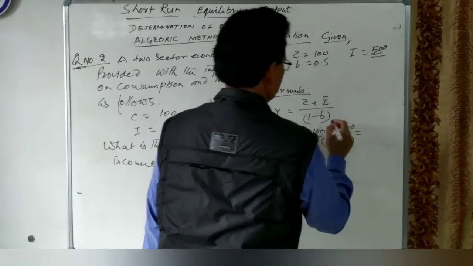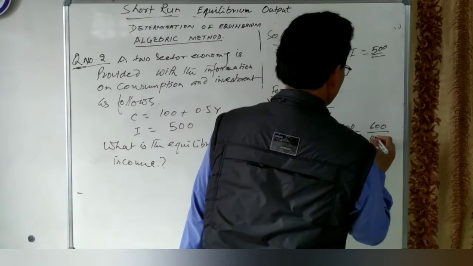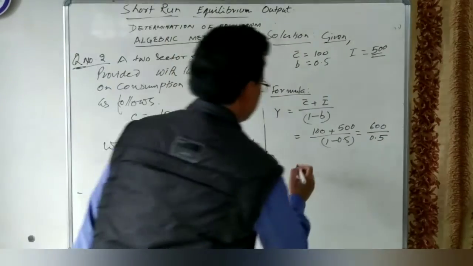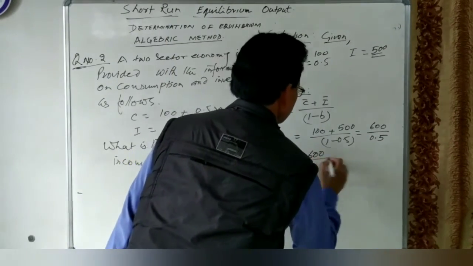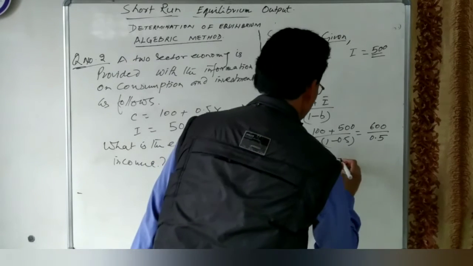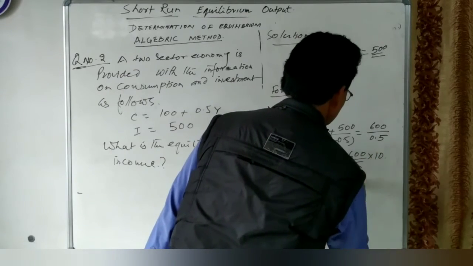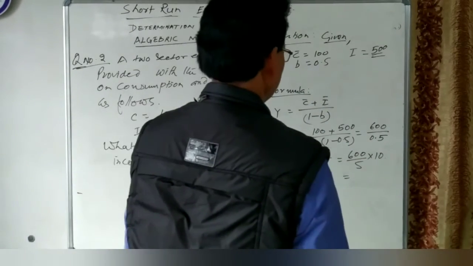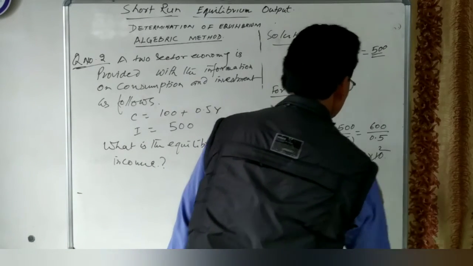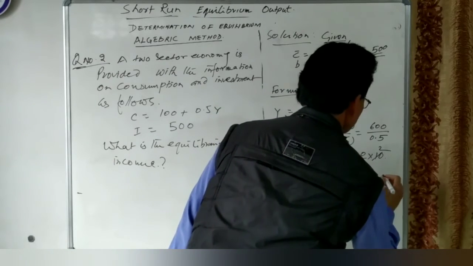We can simplify. The numerator is 600, and 1 minus 0.5 means 0.5. We can write 600 divided by 0.5, which is 5 divided by 10, so 600 multiplied by 10 divided by 5. How much will it be? 1200.